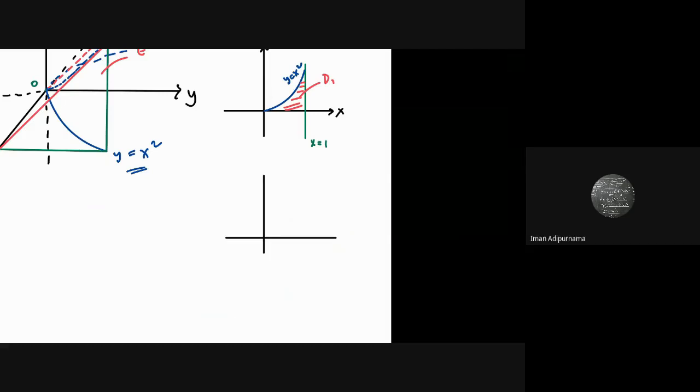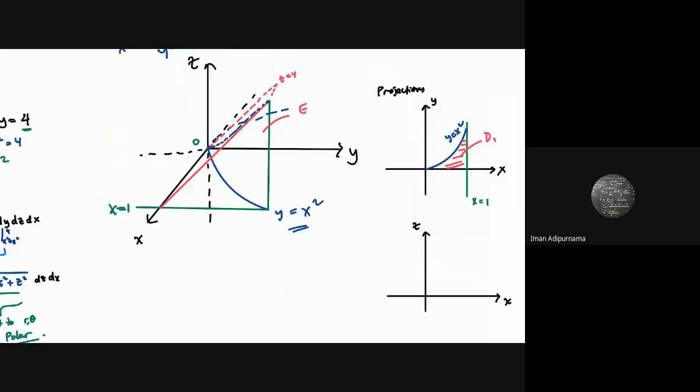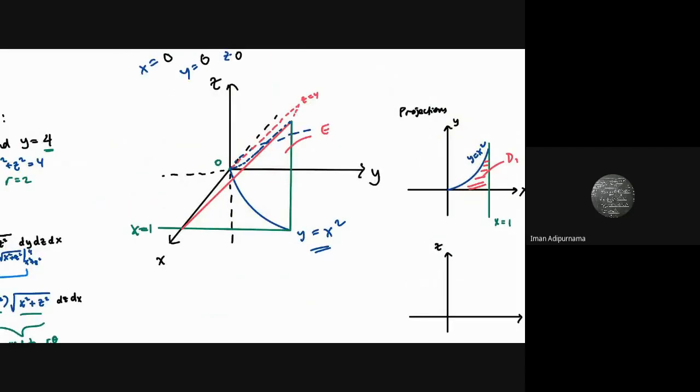Okay, the second one is, let's see z and x. So what will happen is you can rotate the picture, so rotate there.